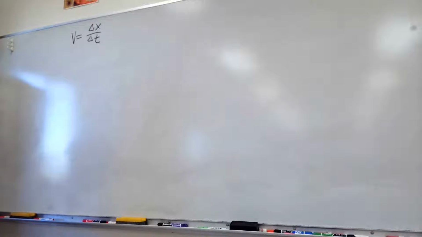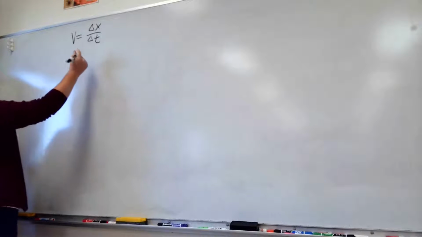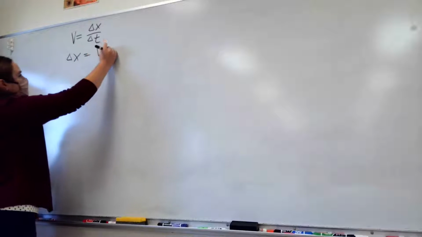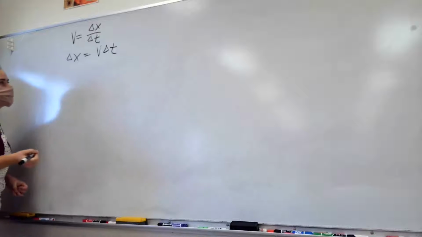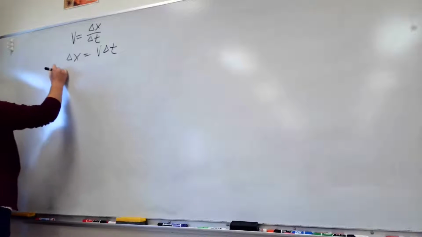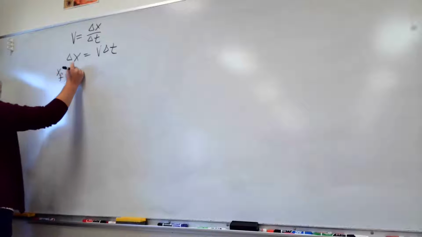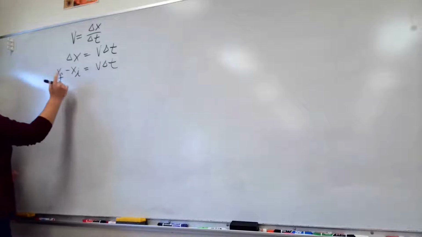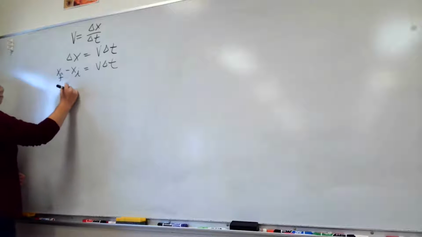We didn't talk about that last chapter. So we're going to use the form that says delta x equals v delta t. Okay? And we want to find our final velocity, so we will expand this again.